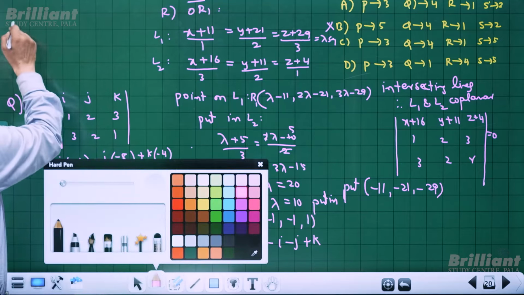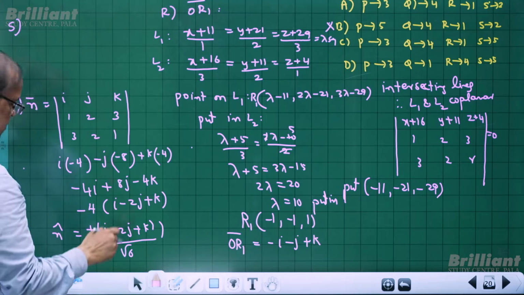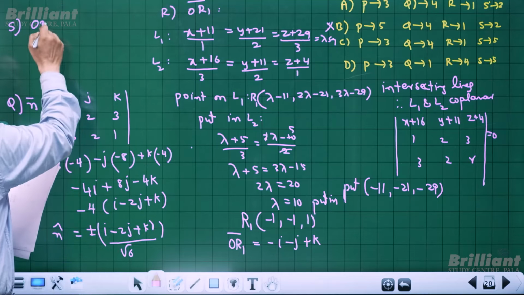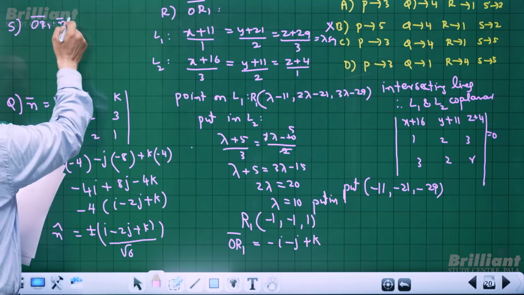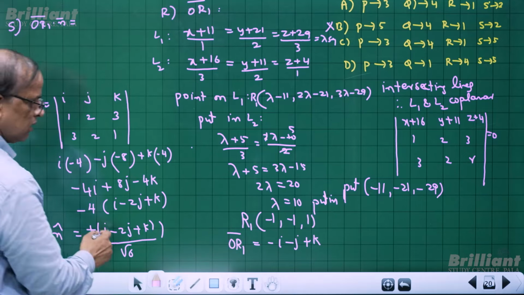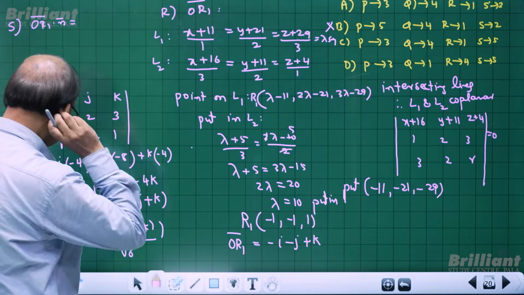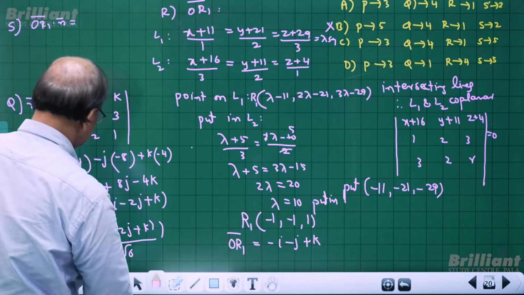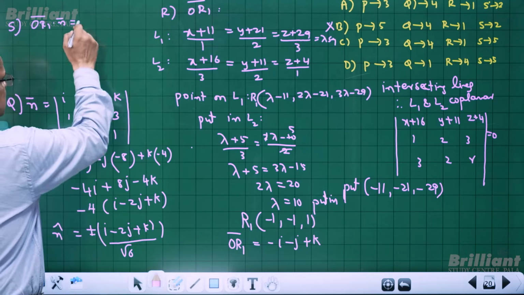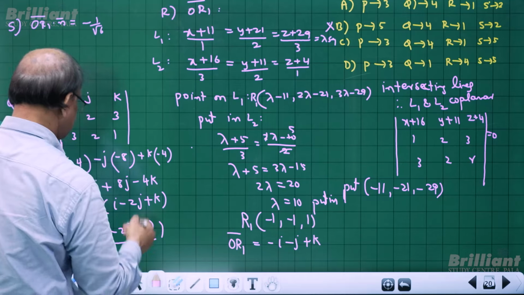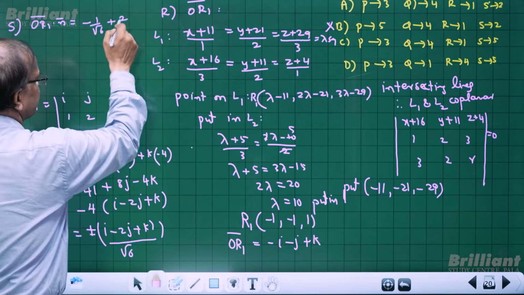So, S is OR1 bar dot n bar. These two dot, for this it is minus 1 by root 6, minus 1 by root 6, and plus 2 by root 6.